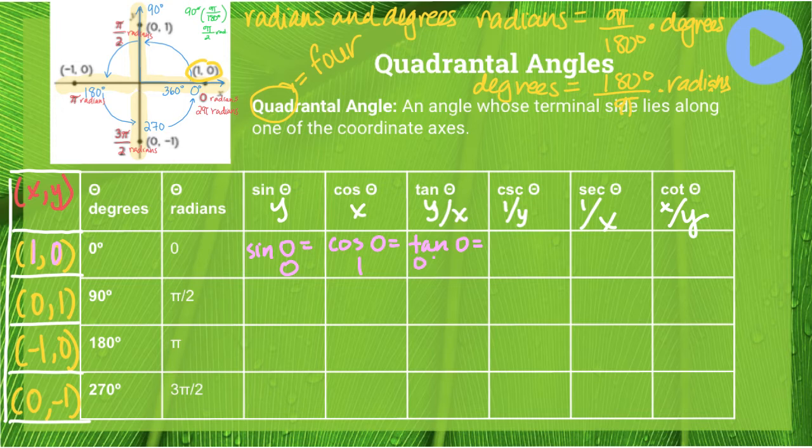So that's 0 over 1, which is 0, because 0 over anything is 0. Now, cosecant of 0 is 1 over 0, or 1 over y, which is 0. You can never have a 0 denominator, so that makes this undefined.